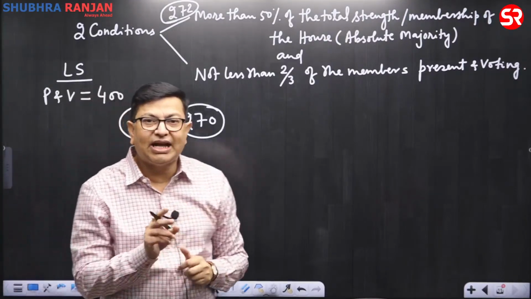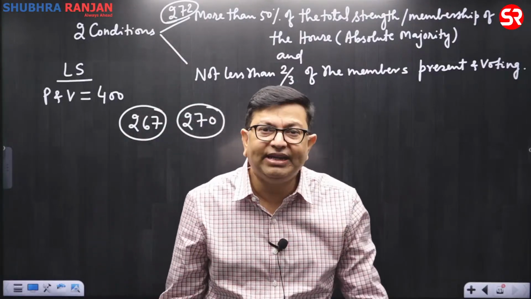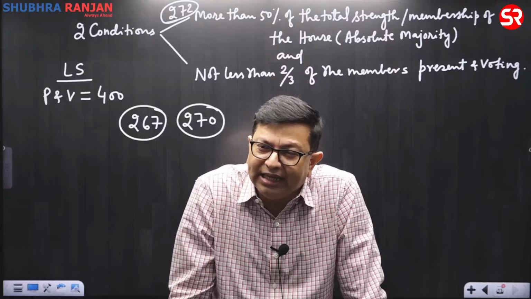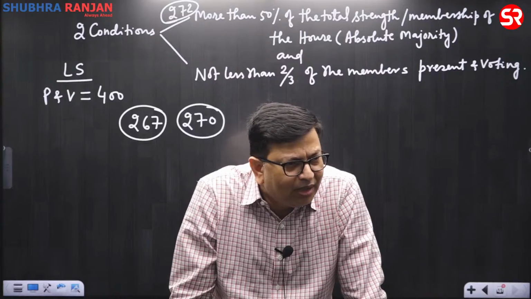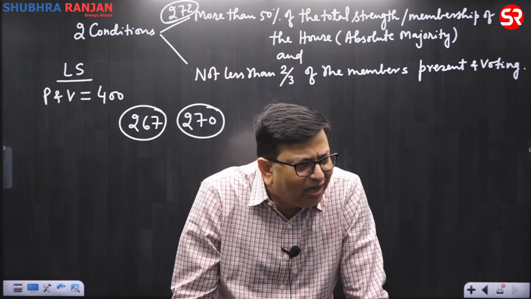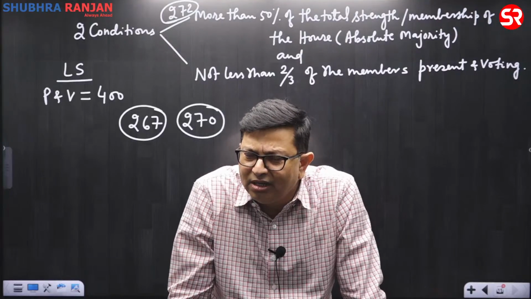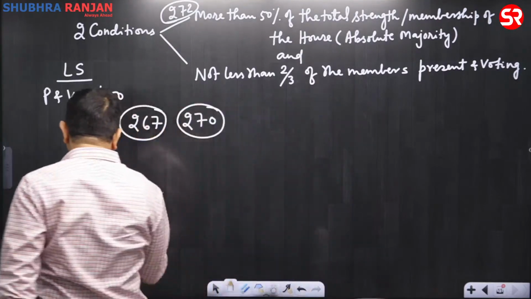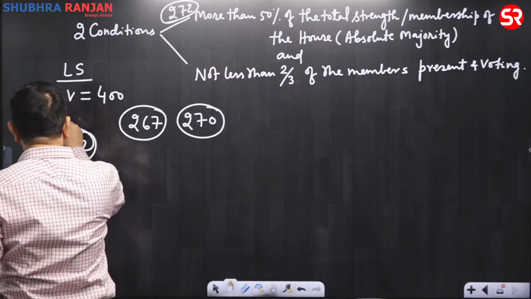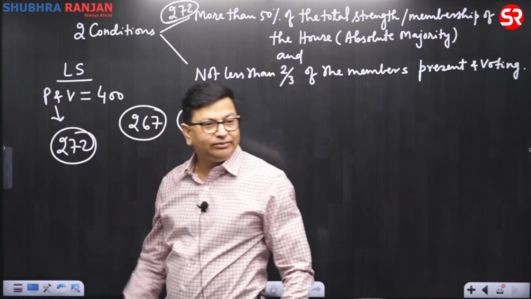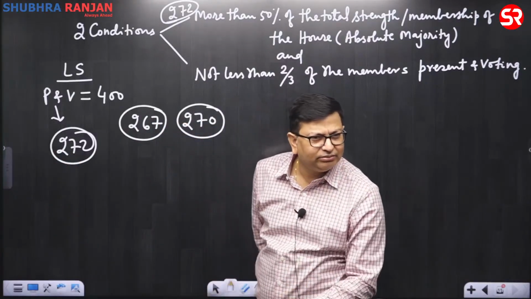Apart from it, if I ask you another question: suppose 272 members are present and voting in the house, then how many members should support the bill to get it passed? Present and voting is 272 in this case. How many members should vote in favor of the bill?